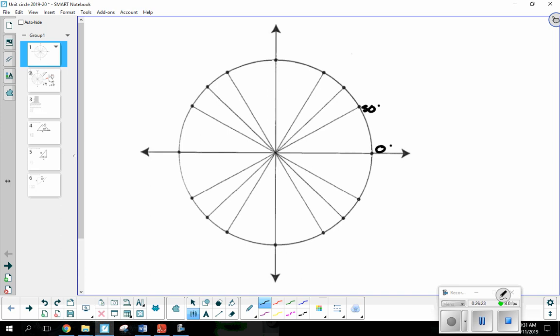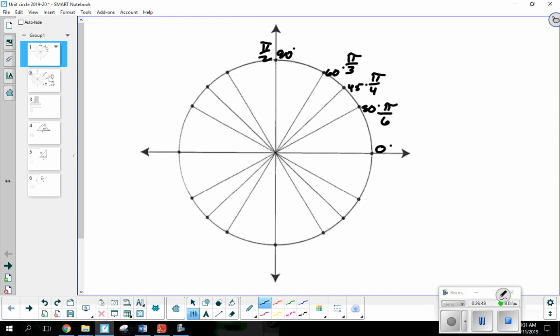Remember, this was 30, 45, 60, 90. If it was a multiple of 30, we counted by what? We counted by sixths, so this is pi over 6. 60 would be pi over 3. And then 90, we know that's pi over 2. If it's a multiple of 45, we count by fourths. So here's pi over 4.